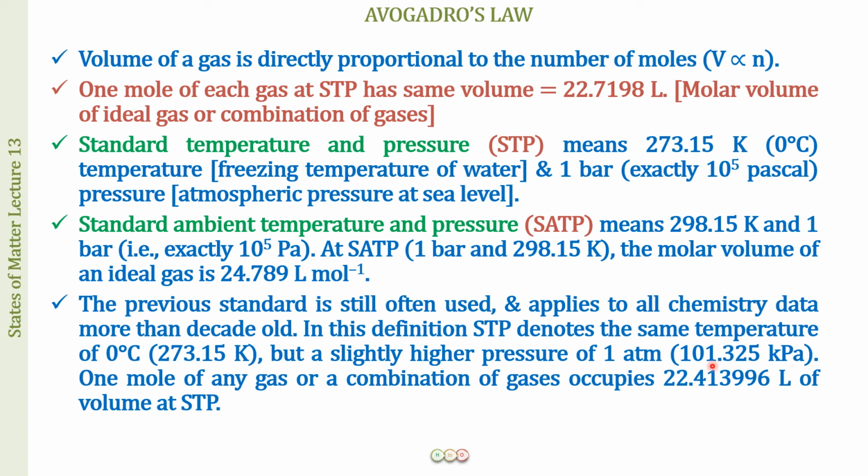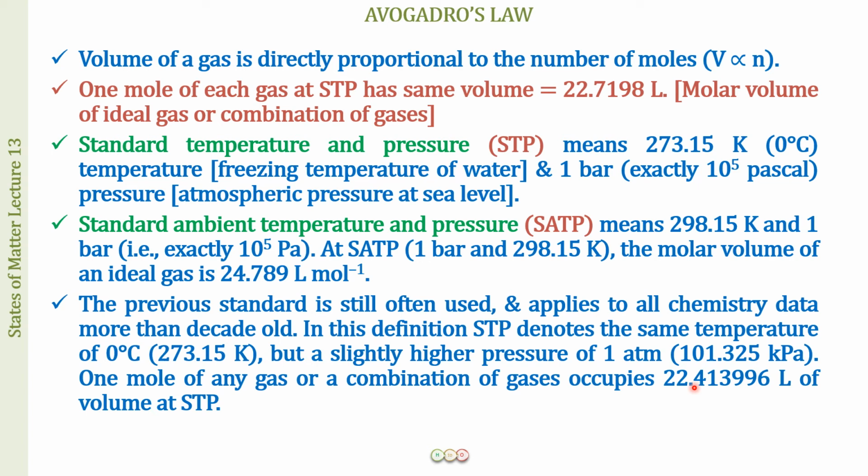So here obviously the volume is going to be slightly different also, and here 1 mole of a gas or a combination of gases is going to occupy a volume of 22.413996 liters, which we generally take as 22.4 liters. So depending upon what type of question you have, you are already given what volume to use.